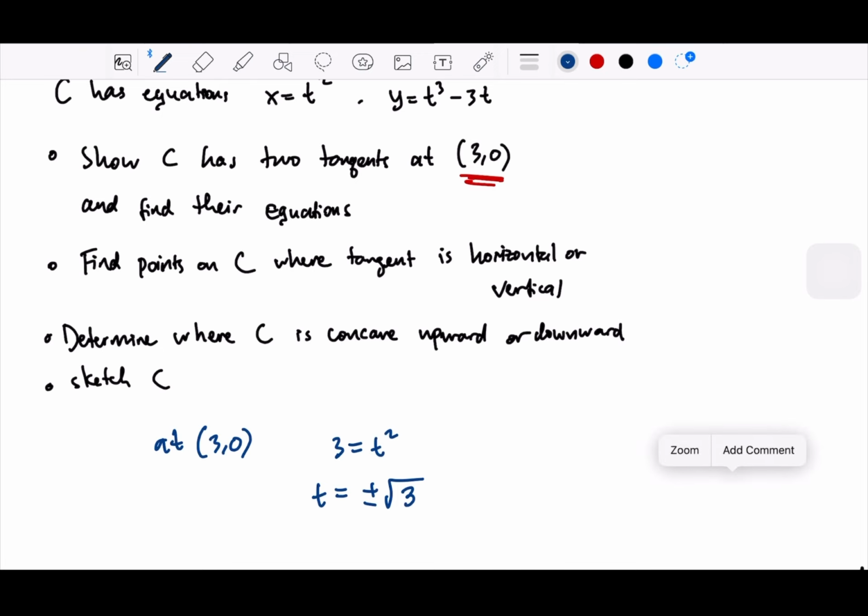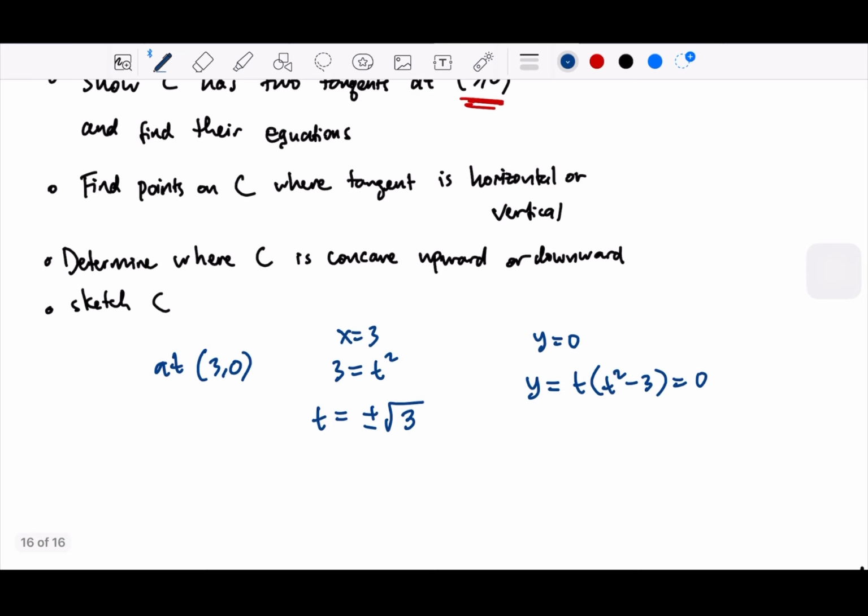This is for x equal 3, and for y equal 0, according to the point (3, 0), our y, where we can factor t out, is equal to 0. So the point (3, 0) arises when t is the square root of 3 and when t is negative square root of 3.